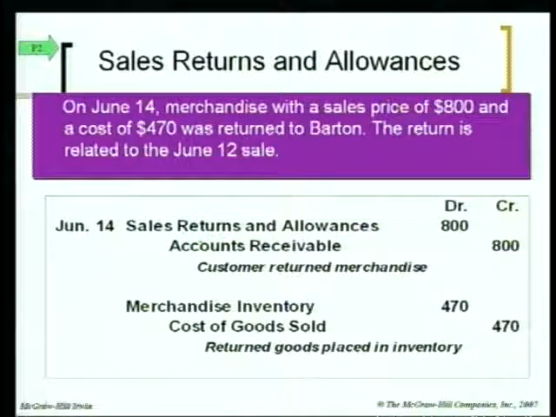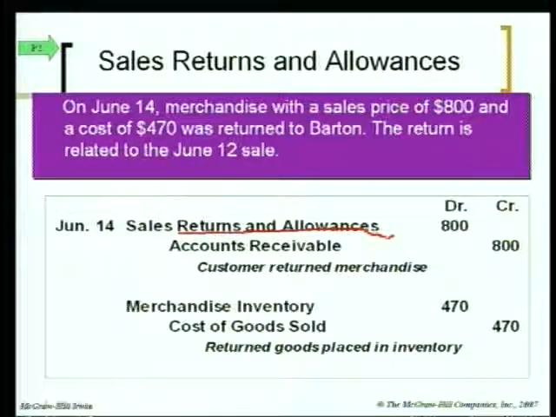And this is all the same, except this isn't just sales. We don't debit sales, we debit sales returns and allowances. Okay? We debit sales returns and allowances. And that is a contra revenue account with a debit balance. Right?